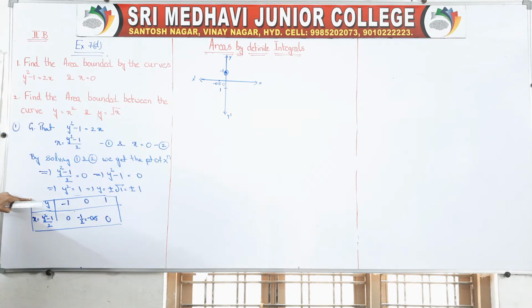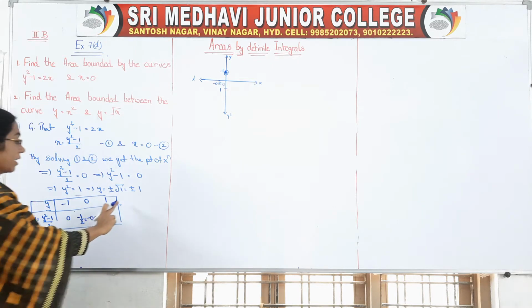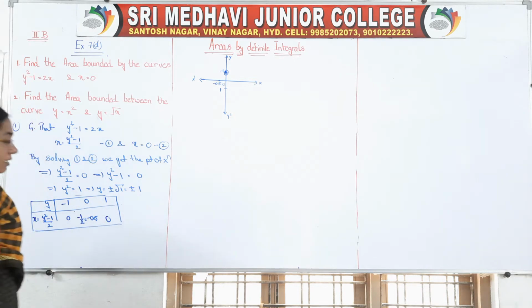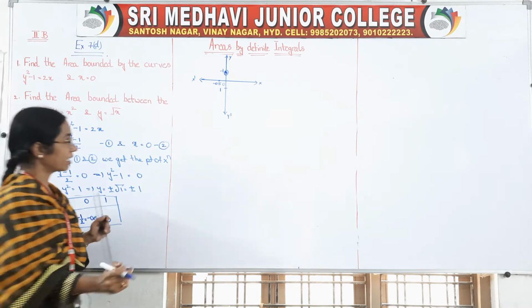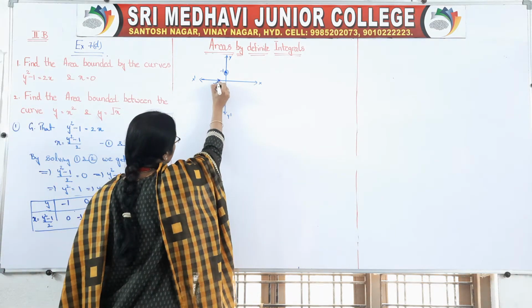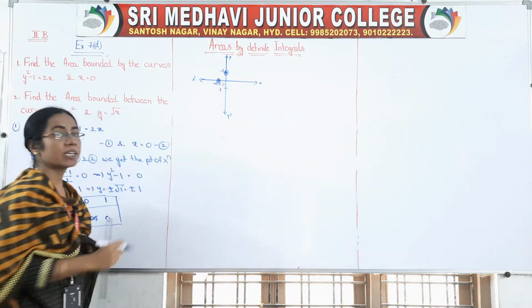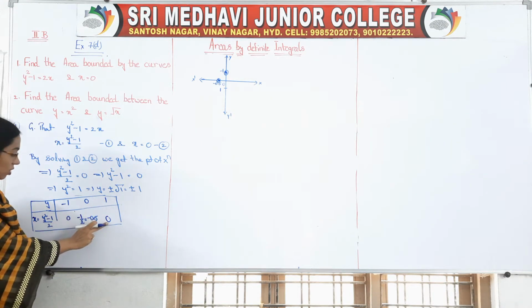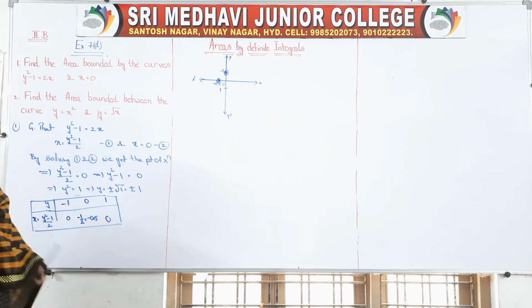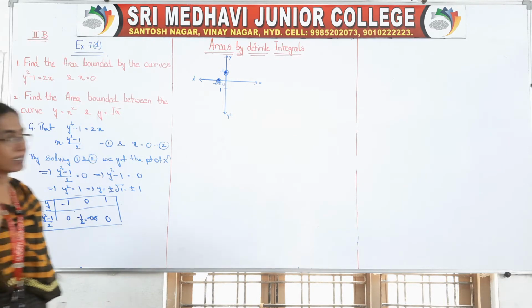Where does it lie? It lies on the x axis, since the y coordinate is 0. Next, the y coordinate is 1 and the x coordinate is 0, so it lies on the y axis.